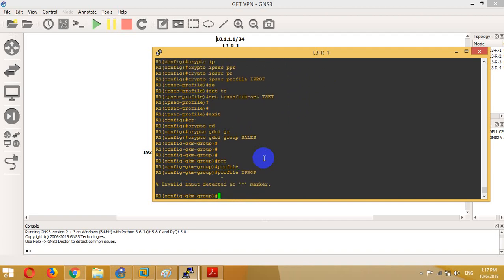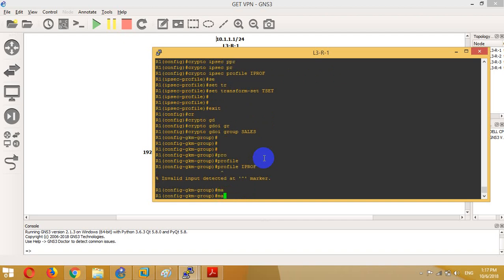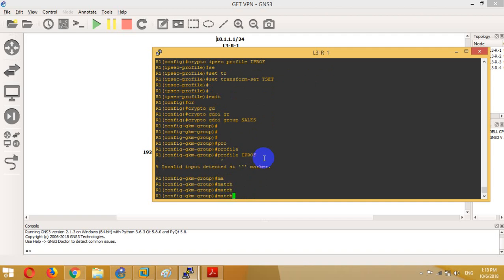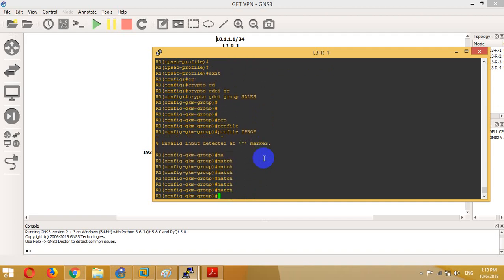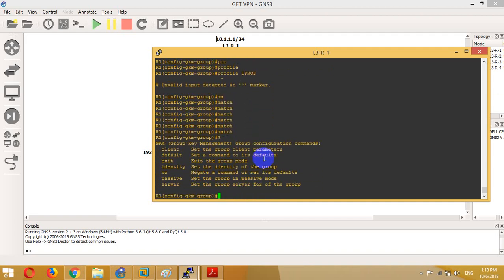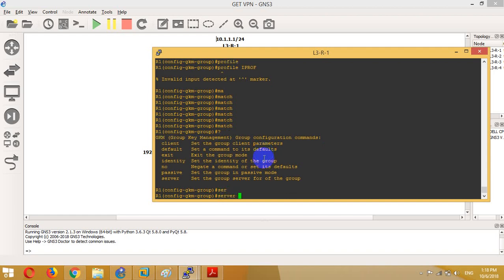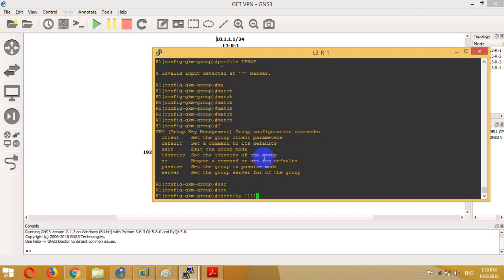iProf again. So match identity, server, and server identity 1111.